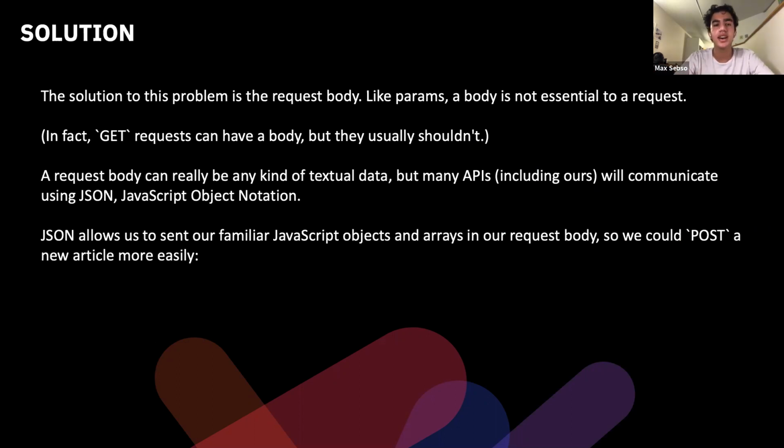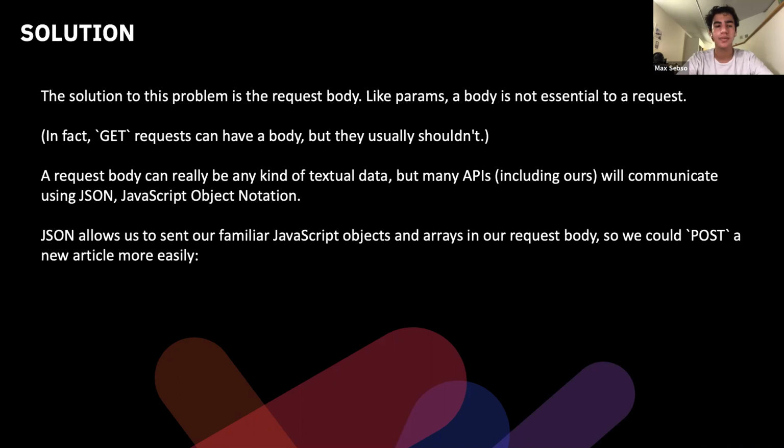The request body is really any kind of textual data, but the usual type of the body is formatted as JSON. JSON stands for JavaScript Object Notation. We may have talked about it previously, but it's just really simple mapping of keys and values in one object.